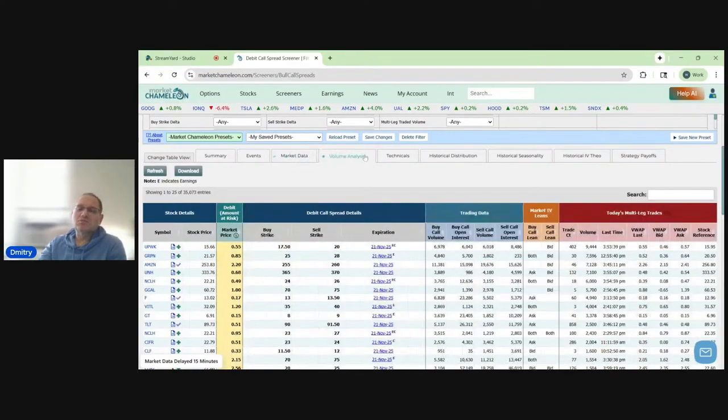So let's come back to the volume analysis. Let's see where it's trading. You could see that the average VWAP price is 52 cents, where the market was 36.64. So it is trading in between that market, bid and ask. So there's potential for price improvement.